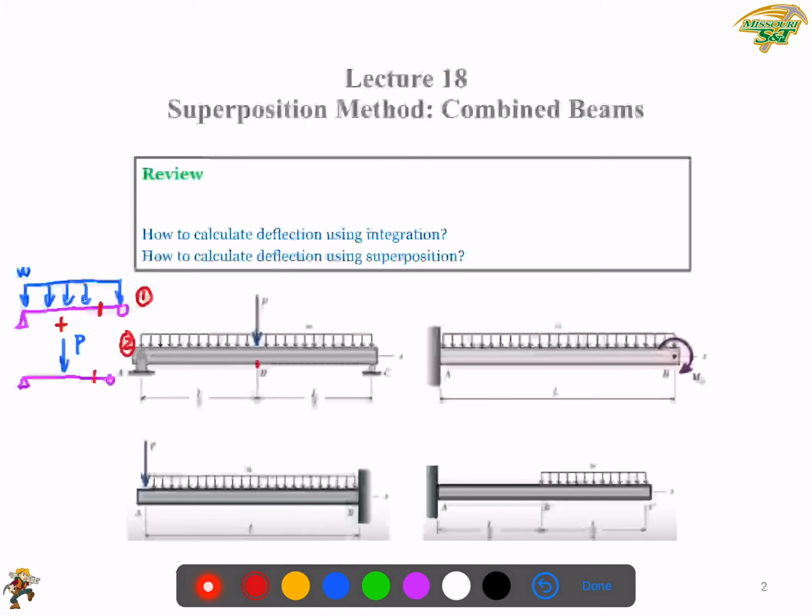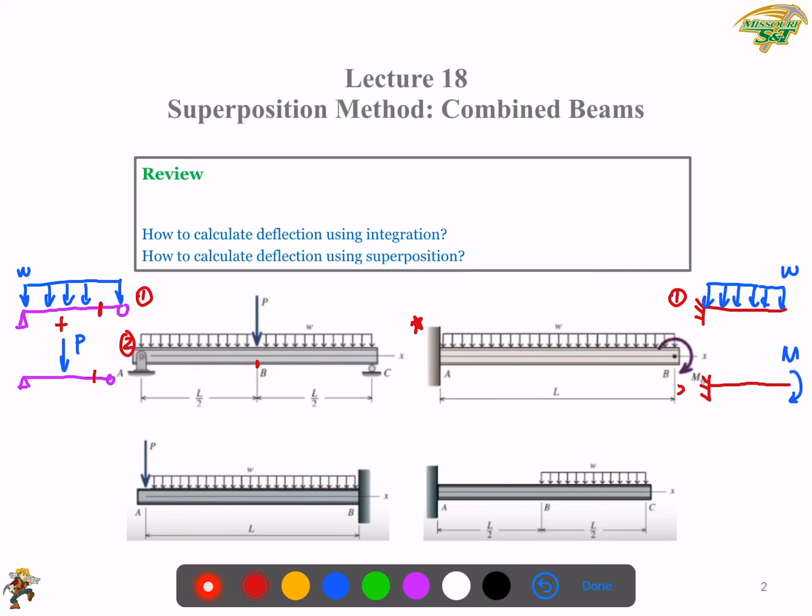For the second beam, obviously it's a cantilever beam, so you can just split it into two parts. The first part is subjected to distributed load W, and the second part is subjected to a concentrated bending moment M at the free end. Here you have beam 1 and beam 2.